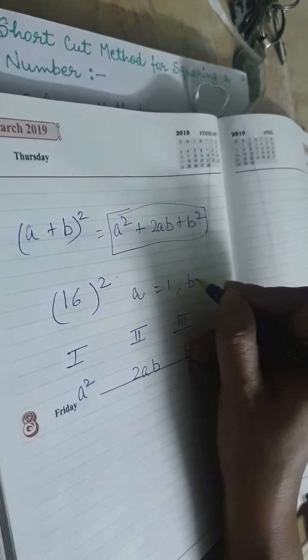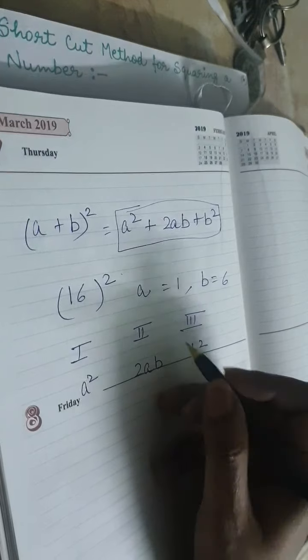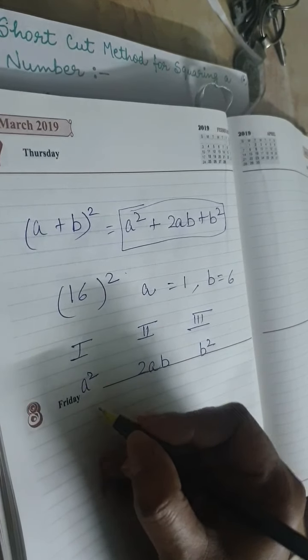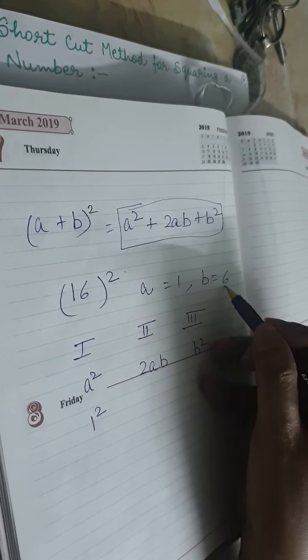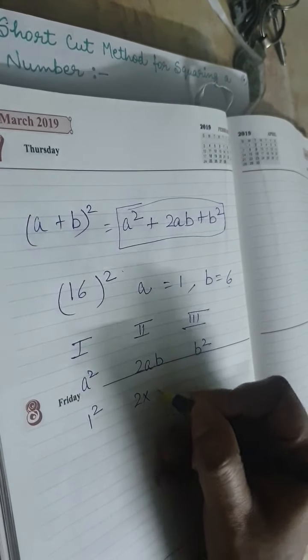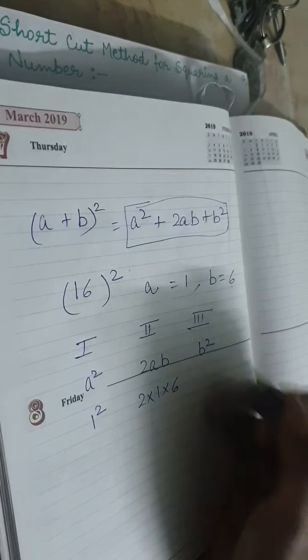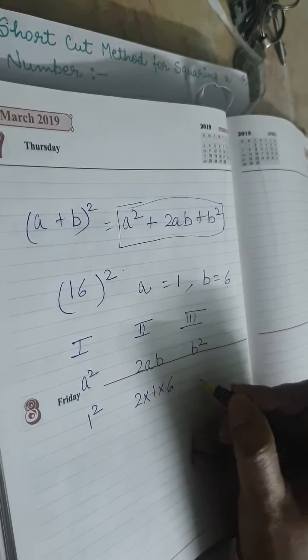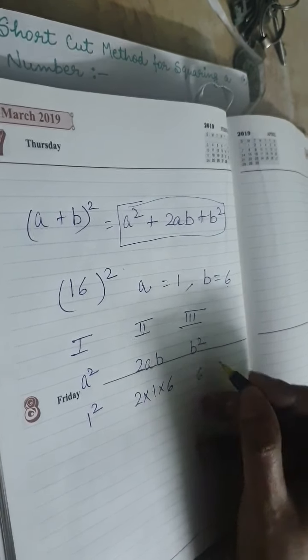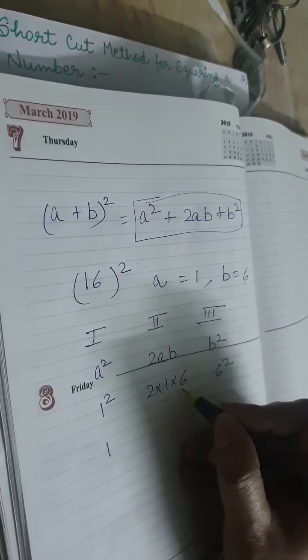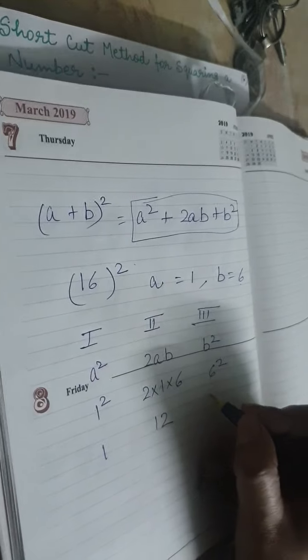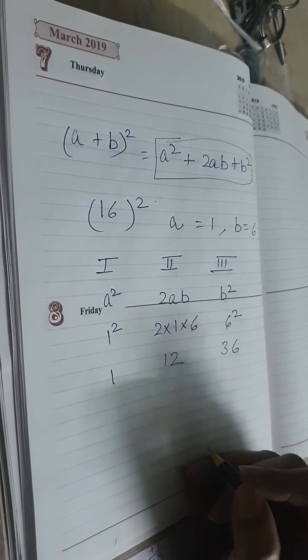The value of B is 6. Now solve the sum. A square means 1 square. 2AB means 2 multiplied by 1 multiplied by 6. Then B square, that is 6 square. Now solve the values: 1, 12, 36.